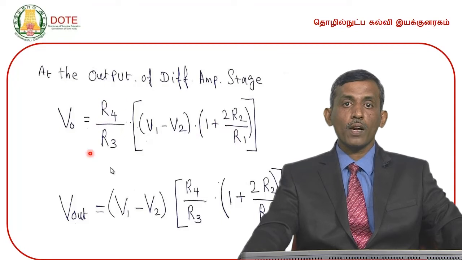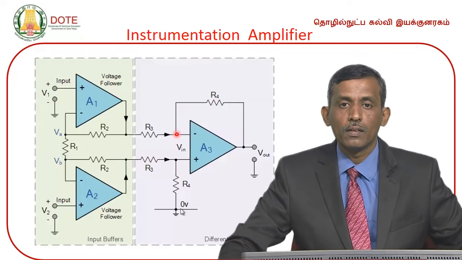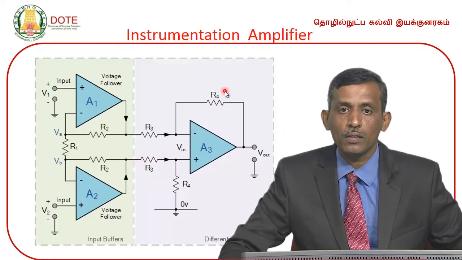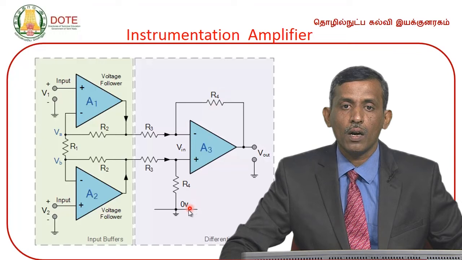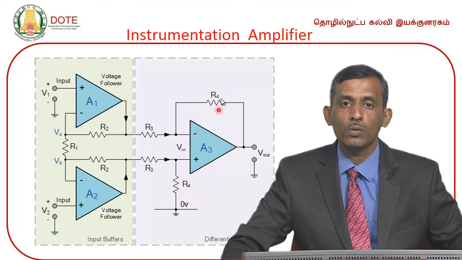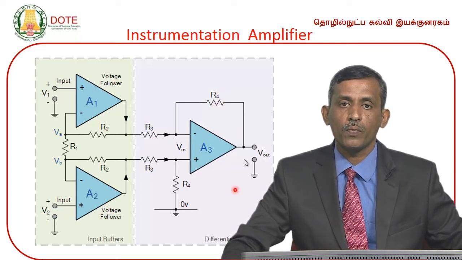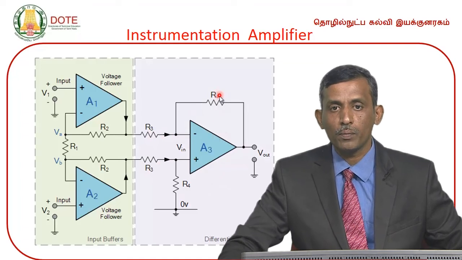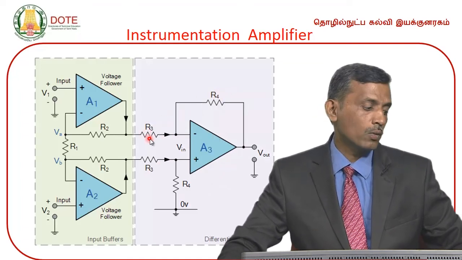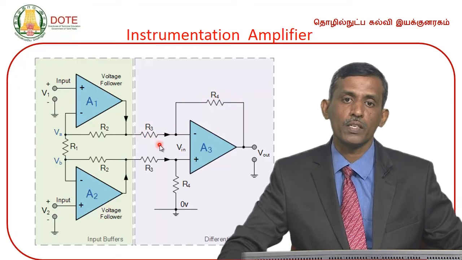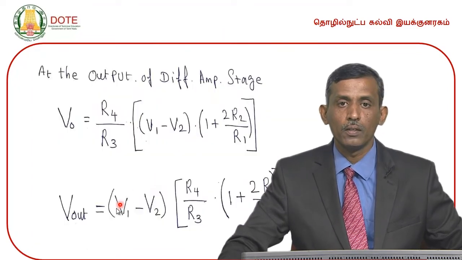Why is the gain R4 by R3? In the differential amplifier, if the two input resistances are equal, R4 here and R3 here, the differential amplifier gain is simply R4 by R3. That is what we learnt in the previous module, right.